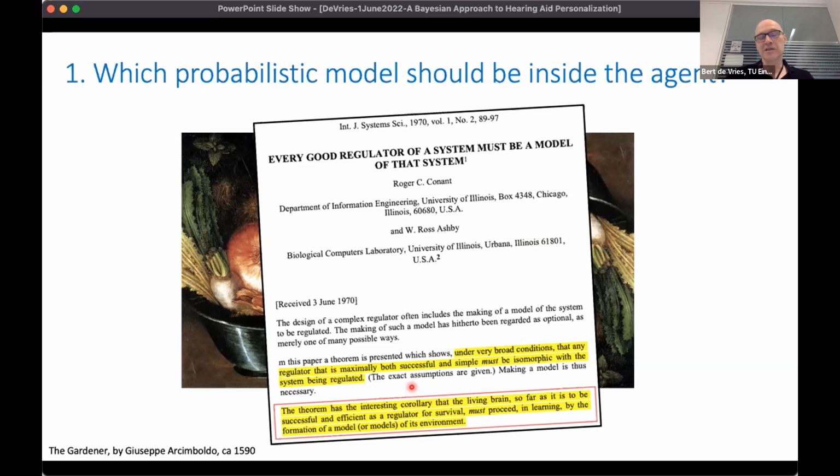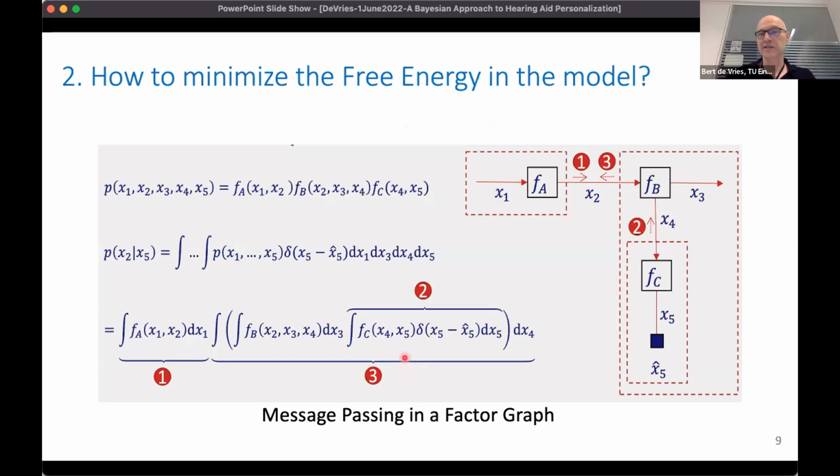The second question is, how do we minimize the free energy in that model? I'm going to skip that, other than saying we have devised, based on some theory that people use in machine learning and information theory, what they call Bayesian networks or factor graphs. You can minimize a free energy by building a network of this model, a graph representation.